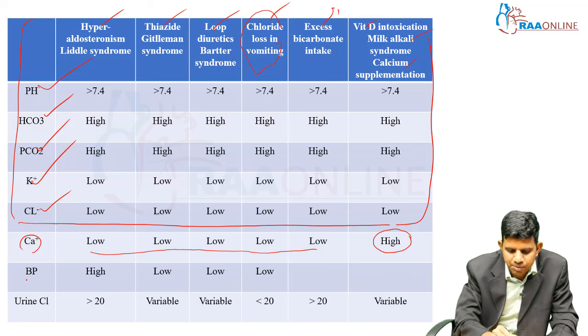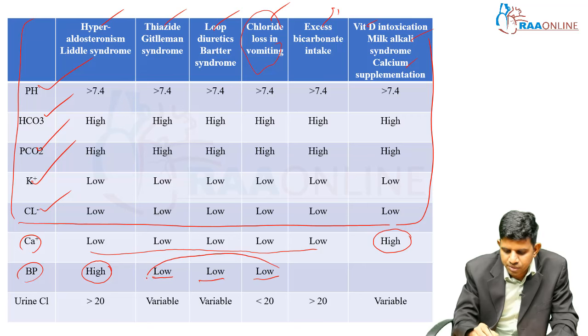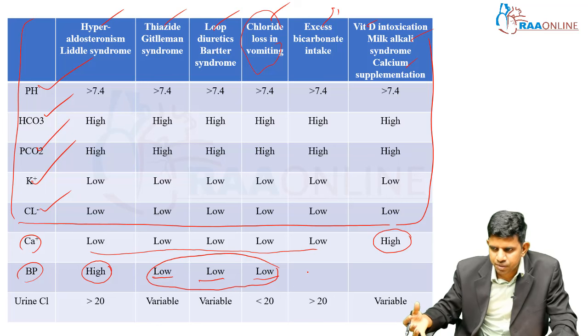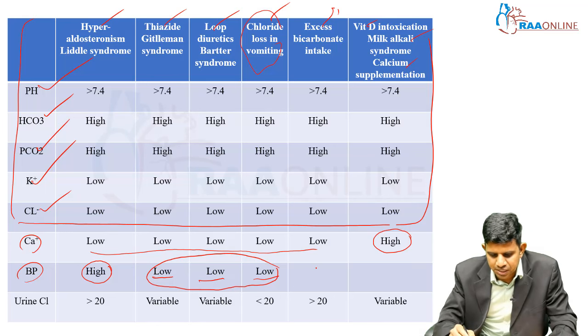The BP will be high in hyperaldosteronism. With thiazide diuretics, loop diuretics, or GI loss, it will be low. In excess bicarbonate injection, the sodium bicarbonate itself increases the volume of the blood, so the ECF volume will be high in this condition. This condition will be variable.